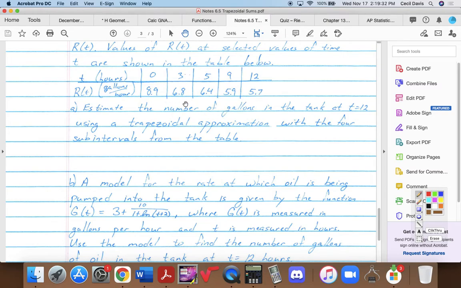And it seems to be decreasing at a slower rate all the time, right? If it was decreasing at a slower rate, that would be concave up. So then a trapezoidal approximation will be an over-approximation. What does it come out to? 198.75. So not bad.